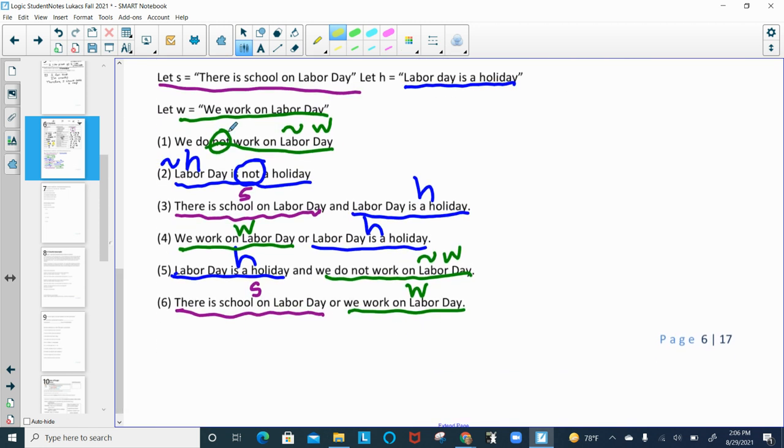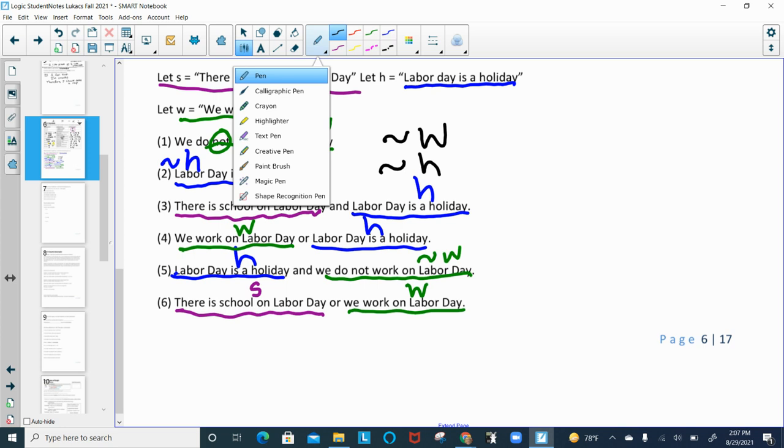Now, statement 1 is just, we do not work on Labor Day. So that's just going to be not W. There's nothing else there to change into symbols. Number 2 is just Labor Day is not a holiday. Well, we already said that's not H. There's nothing else there to turn into symbols.